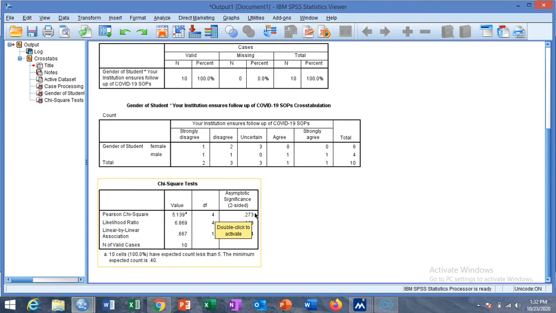The associated p value is 0.273, which shows an insignificant association between the two variables. Our null hypothesis in this regard was that there is no association between the two attributes or two variables, so we do not reject H naught, which implies that the two variables are not significantly associated.